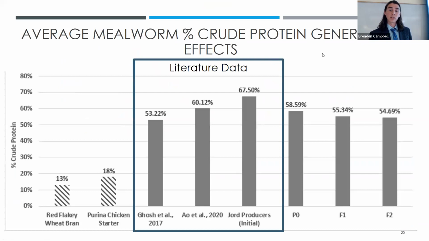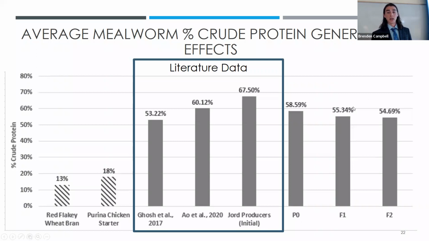The parental, which was the P0, was statistically different than both the F1 and the F2 for percent crude protein, and the F1 and the F2 were not different from each other.